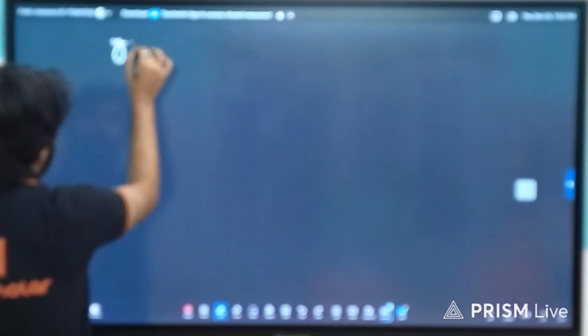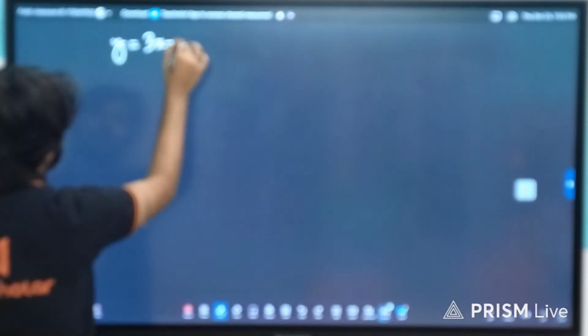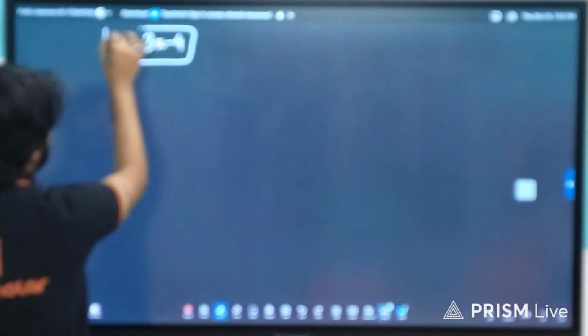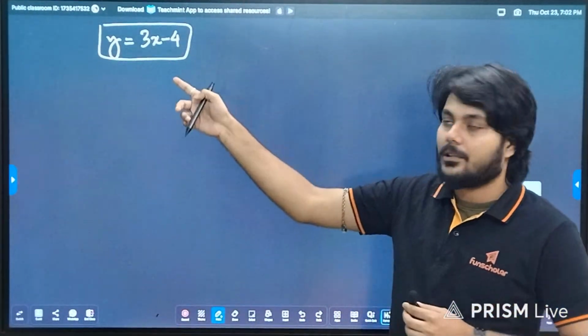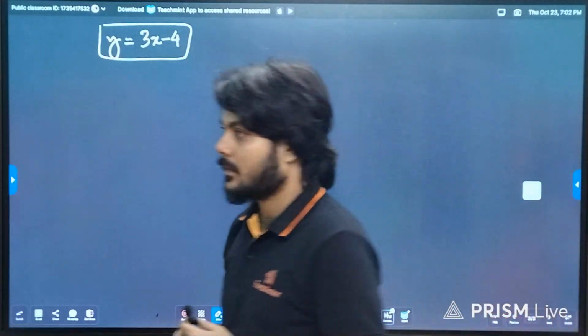We have been given y equal to 3x minus 4, and we have been asked to draw the straight line of this algebraic expression.